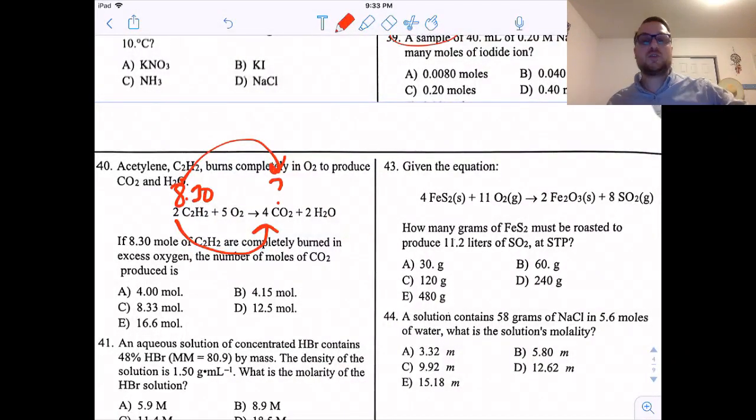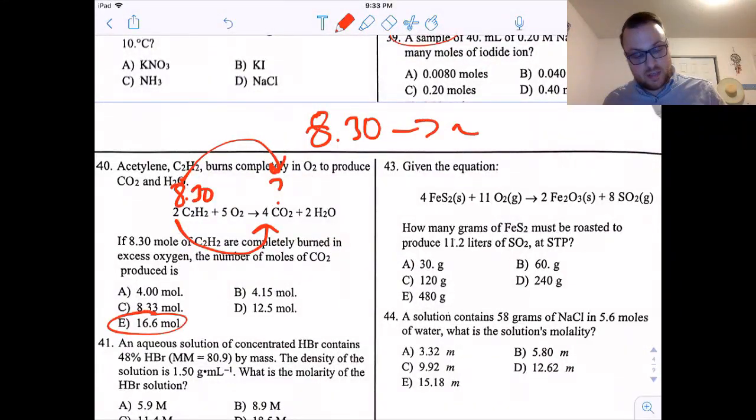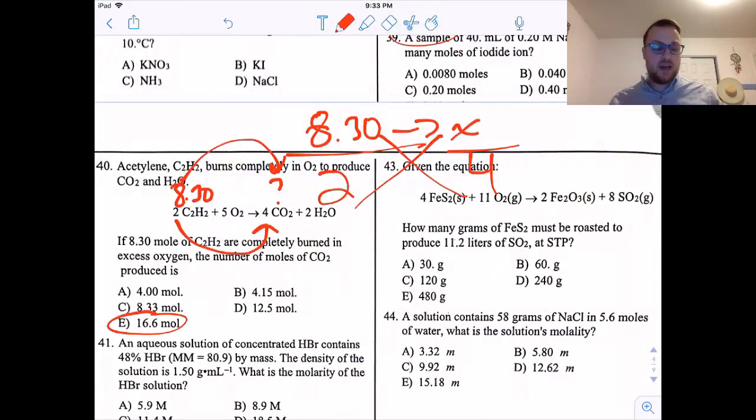So I just take the moles and multiply by 2 to get 16.6. The other way is to say 8.3 creates some amount of CO2, but I know 2 makes 4, and you cross multiply and divide, and you get 16.6. That's the hardest stoic problem you're going to get in June, if you get a stoic problem.